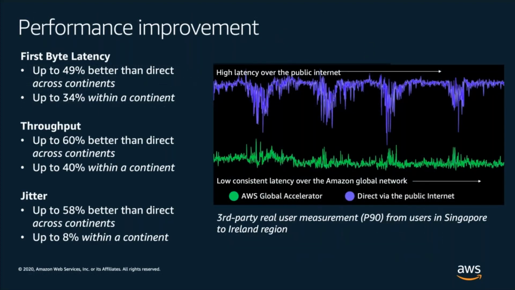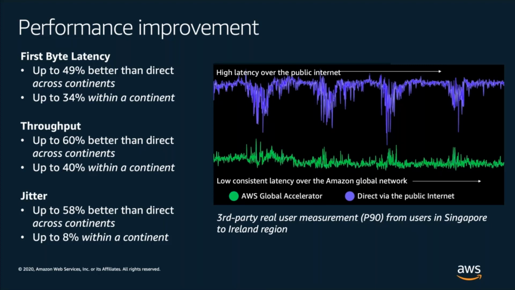In terms of performance improvement, these are just some numbers, and this is how we look at performance. By latency, we see up to 50% better across continents, up to 34% within a continent. In terms of throughput, up to 60% better than direct across continents, 40% within the same continent. And jitter, which is the variation and how consistent performance is, up to 58% across continents and 8% within a continent.